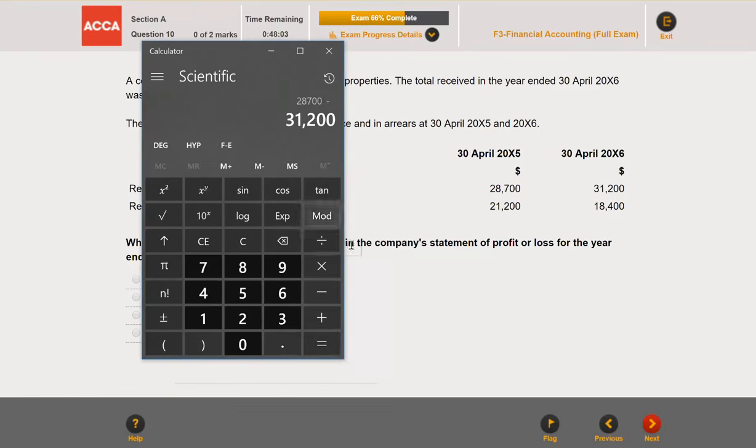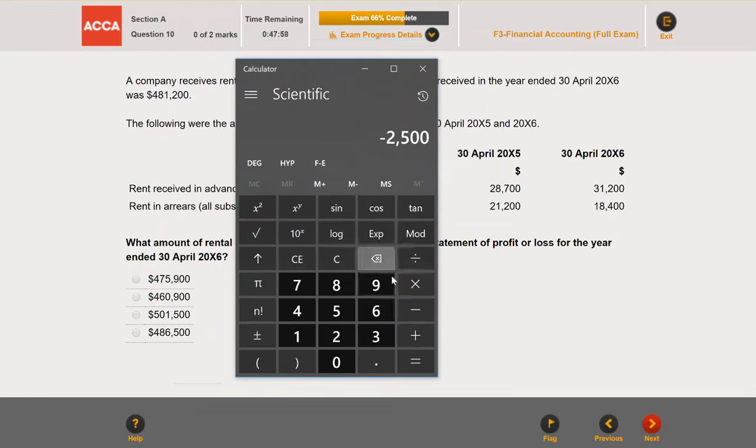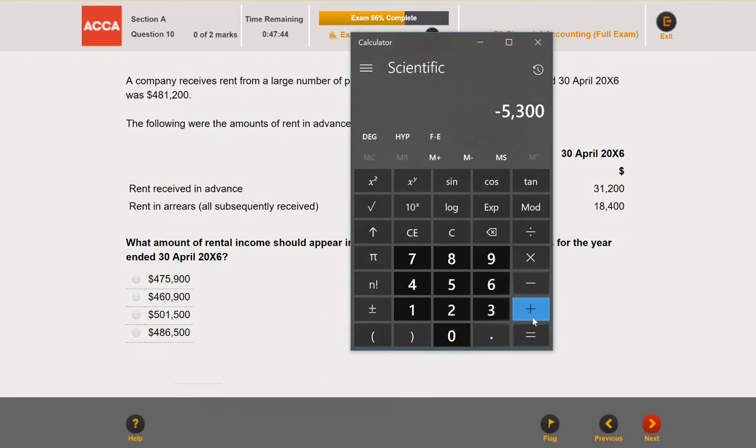And then rent, opening accruals is minus, closing accruals is added, and then plus the payments, 481,200. So 475,900 is the answer.